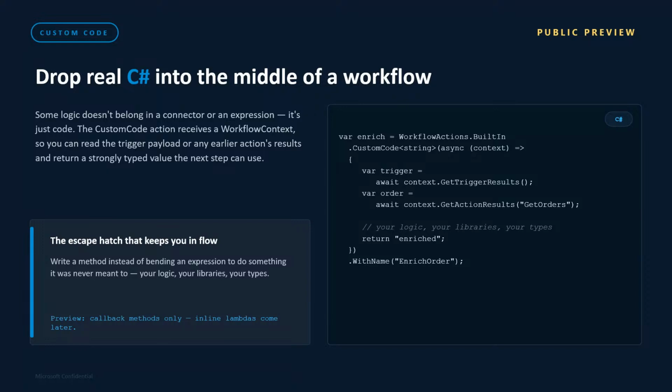Either you can define a Lambda expression, so you can drop the code directly inside of the built-in code, or, which I think is even more interesting, you can have a method that matches the signature that you're passing, and then use that inside the call of the custom code.